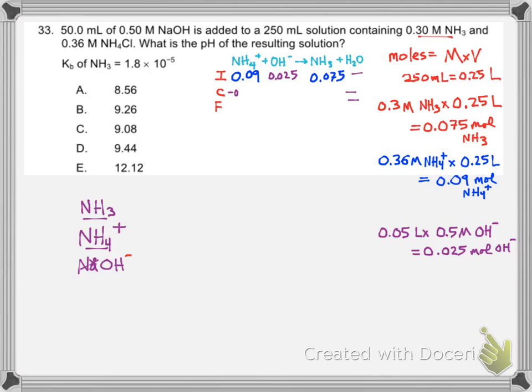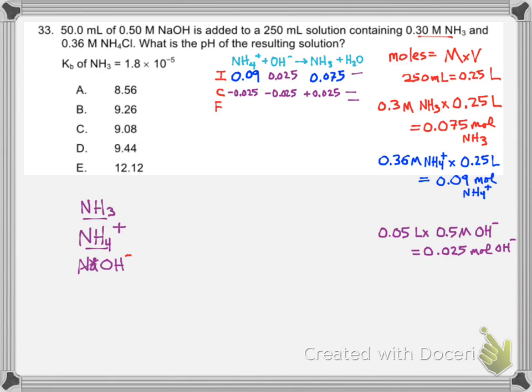Minus 0.025. Minus 0.025. Meanwhile, in product land, plus 0.025.